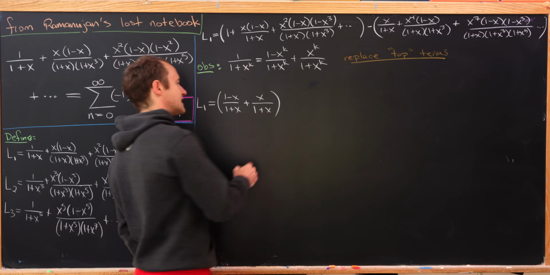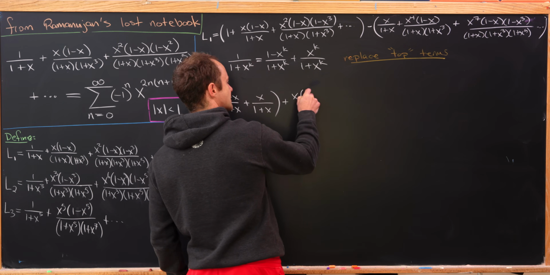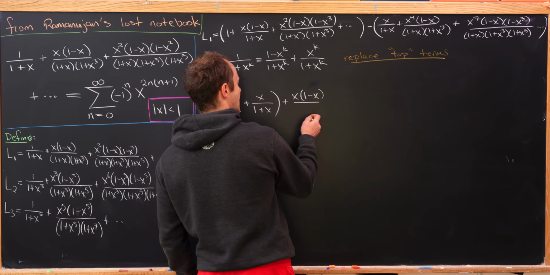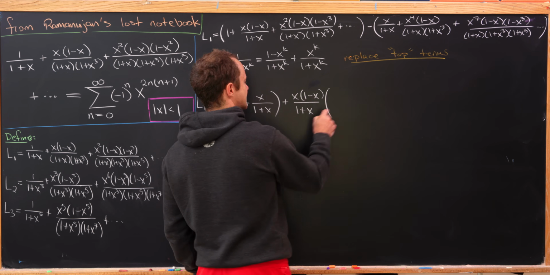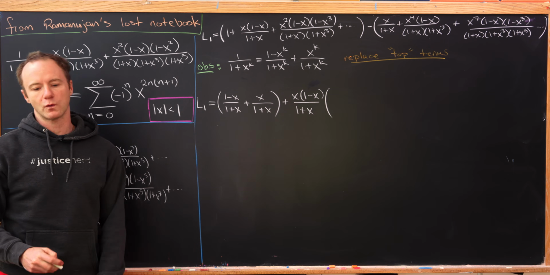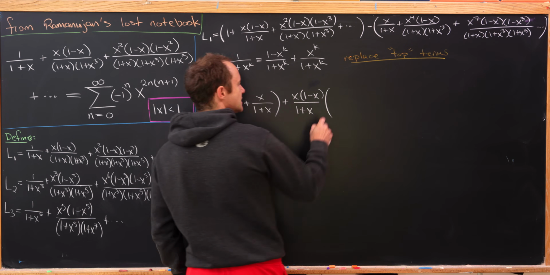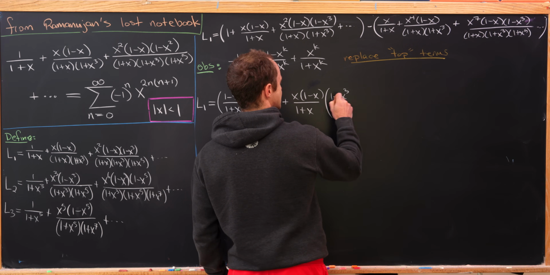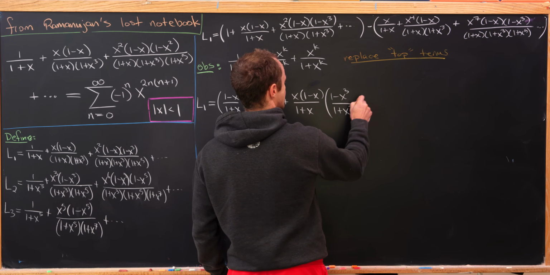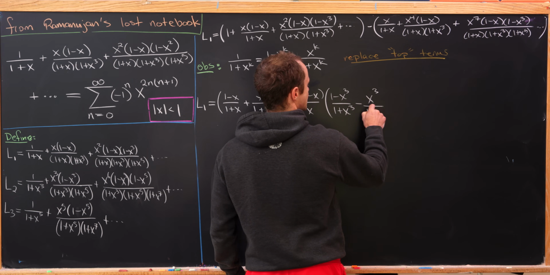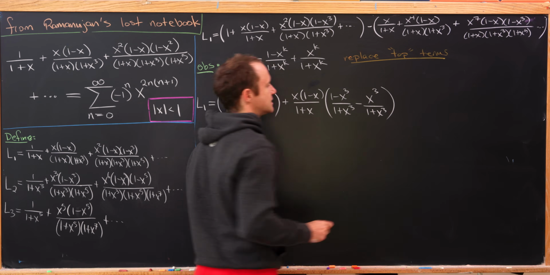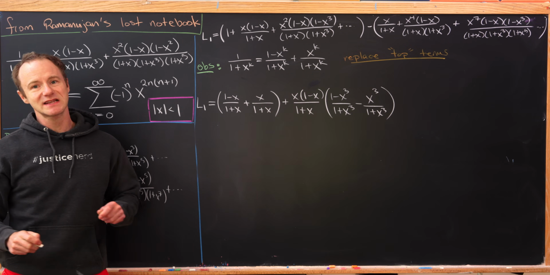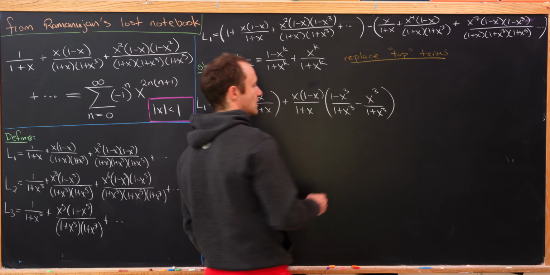And then for my second term, I'll have that common factor first. That's an x times a 1 minus x over 1 plus x. And now I'm replacing the 1 over 1 plus x cubed. So that'll give me 1 minus x cubed over 1 plus x cubed minus x cubed over 1 plus x cubed. Great. And then that's going to continue on and on.